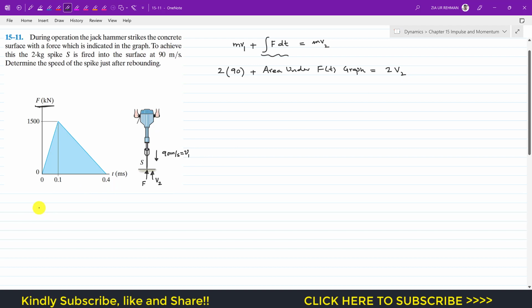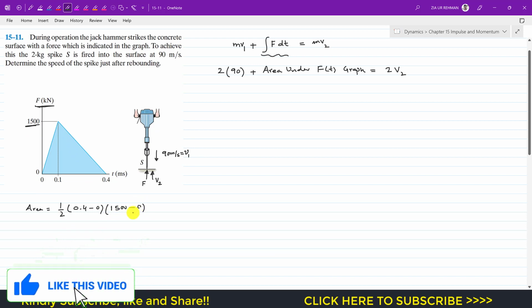Now the area under the graph is 1 divided by 2 times base, so the base is 0.4 minus 0, into height, and the height is 1500 minus 0.